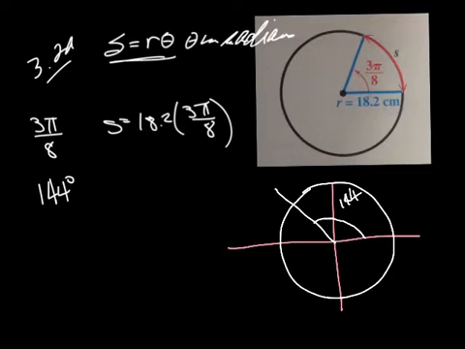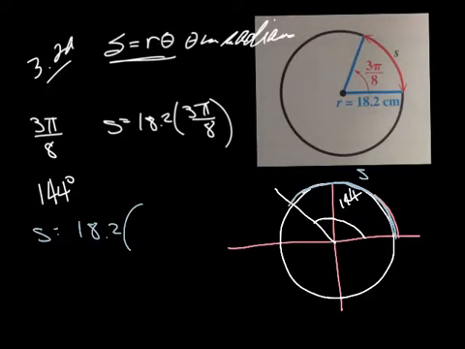And we're interested in the length of this arc right here. And that's our S. So S equals my radius, which I know is 18.2 from up here, times 144 degrees. Now, remember, you can't do this until your degree is written in radians. And that's one of the things you need to remember.